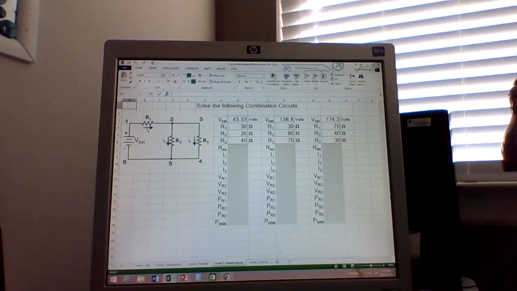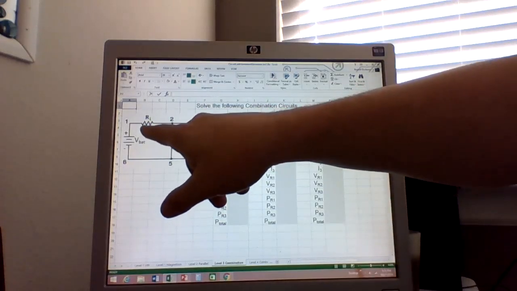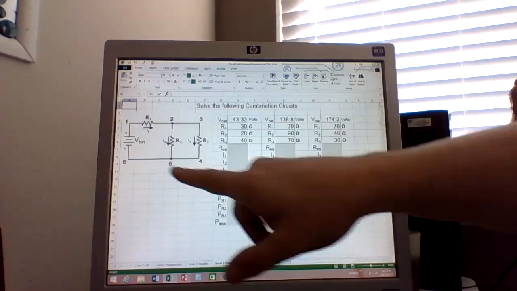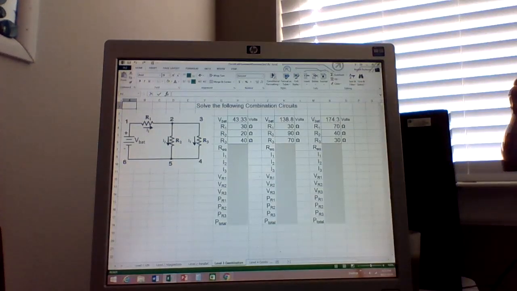Then, when you're figuring out the voltage through each one, you can figure out the voltage here is equal to that 1 amp times R1. So what is the voltage across R1?